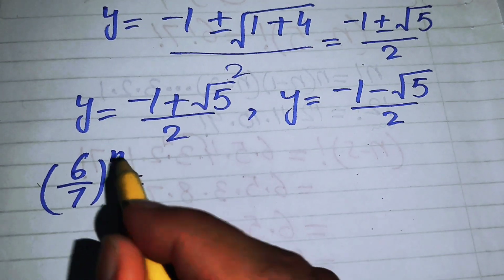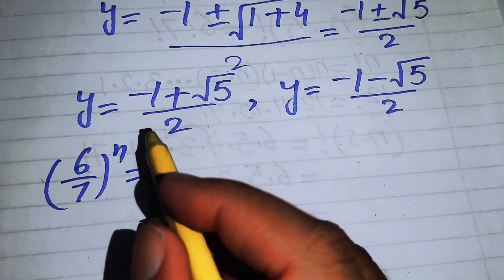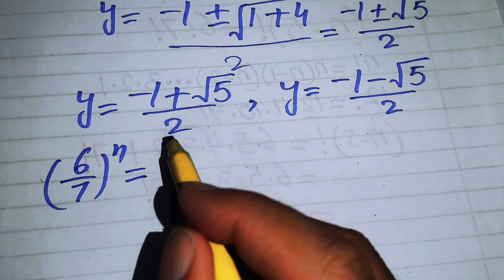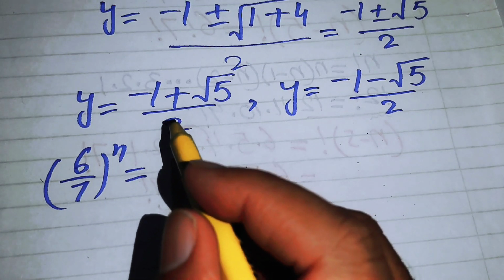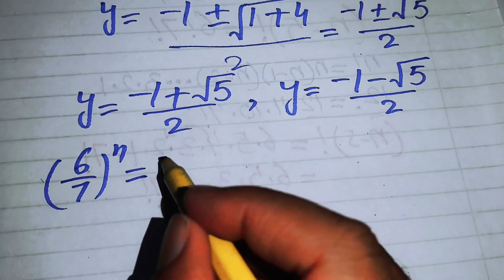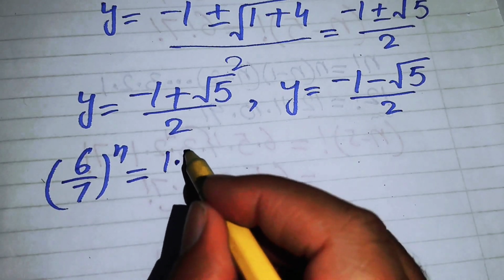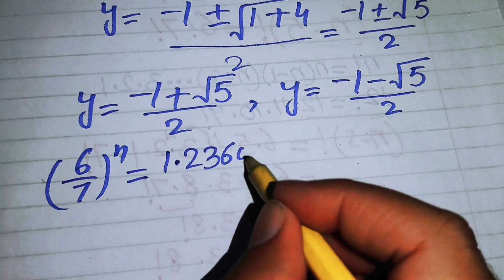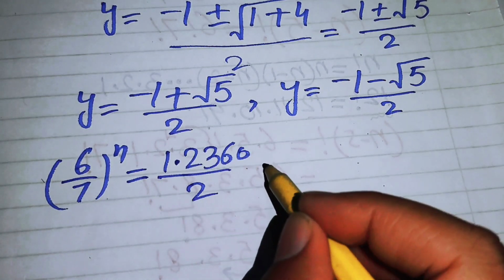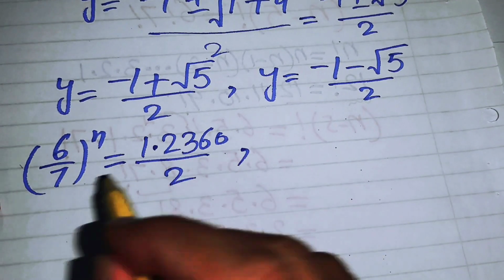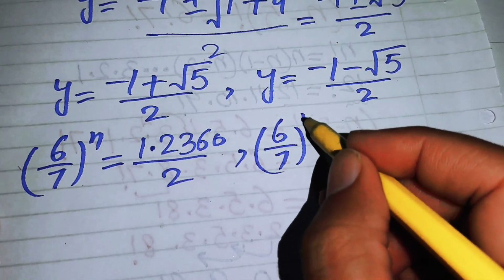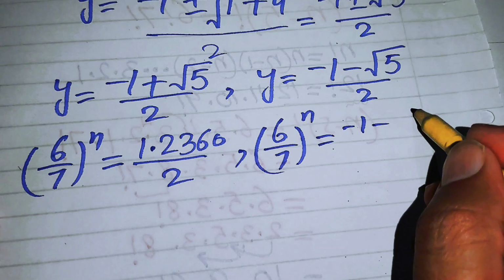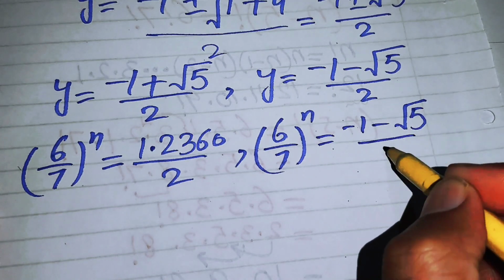We will simplify this term using the calculator. When you add minus 1 plus square root 5, you get 1.2360 over 2. When we put the value of y, you get (6 over 7) whole power n equals this value, and in the second case (6 over 7) whole power n equals minus 1 minus square root 5 over 2.